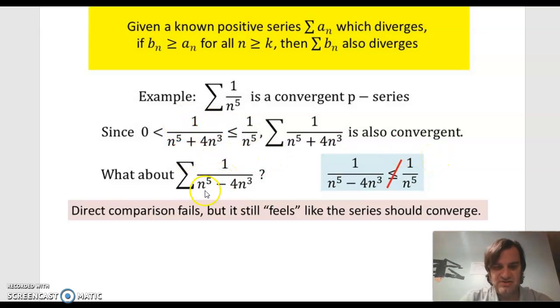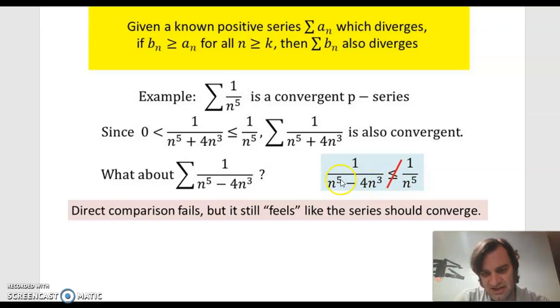Now they do throw out an extra example here. If we still want to compare it to this p-series of 1 over n to the fifth, if we change that to a subtraction in the bottom, 1 over n to the fifth minus 4 n cubed, it is not actually less than the p-series that we're comparing it to.